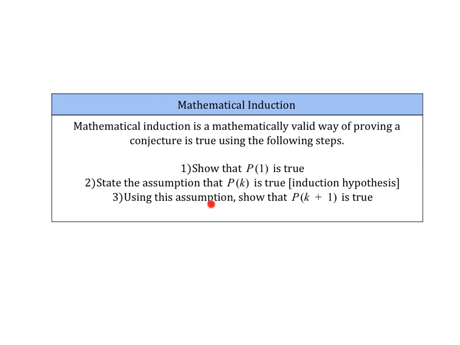Now, based off this assumption, based on the fact that p of k is true, we then need to show that p of k plus 1 is also true, meaning it's true for the term after k. Now, if you can show that p of k plus 1 is true in terms of p of k, you're essentially saying that you've proven that the next term is always true relative to the term before.